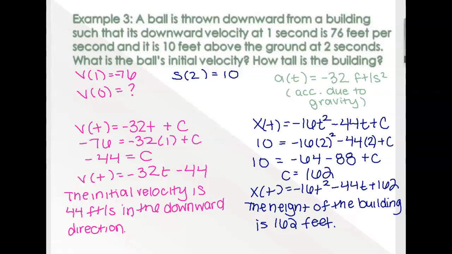How tall is the building? Well, to determine how tall the building is, you would have to take the antiderivative of velocity. So you get s of t is negative 32t squared over 2 minus 44t plus c. So that gives negative 16t squared minus 44t plus c. And then we're going to plug in that initial condition of 2, 10.